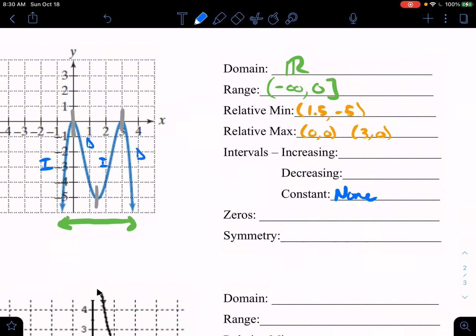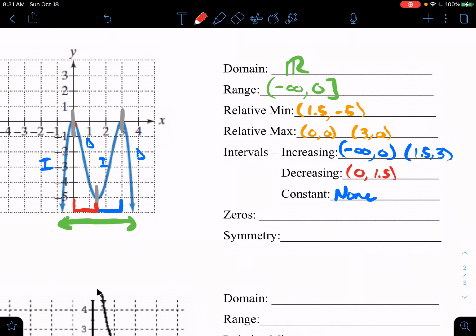As for our increasing interval, -infinity to 0 is what that would be. And then we're also increasing from 1.5 all the way over to 3. Our decreasing intervals are really happening between 0 and 1.5.